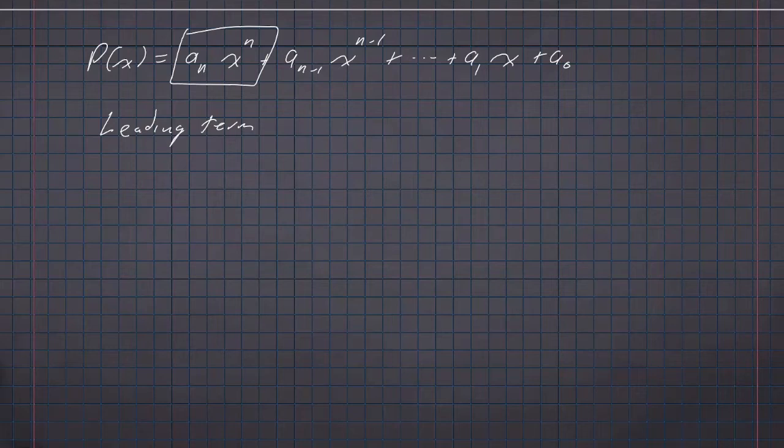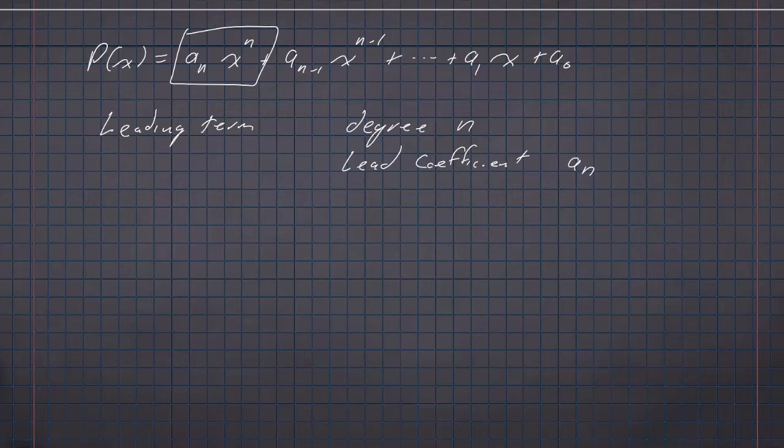More importantly, it's the one that has the highest exponent. And reading off of the leading term, the exponent in question, n, is the degree. And then the coefficient, a_n, is called simply the lead coefficient.